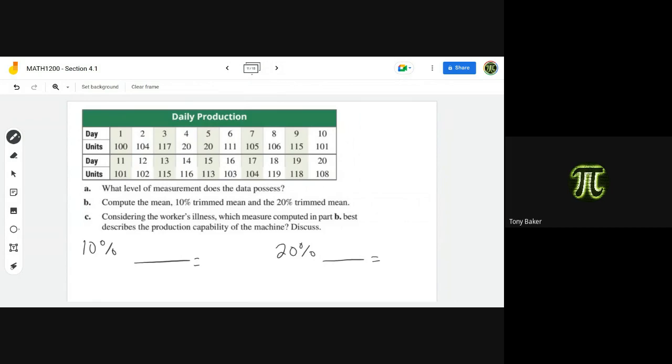So you're doing the 10% one. I was going to ask how many numbers there were. 20.